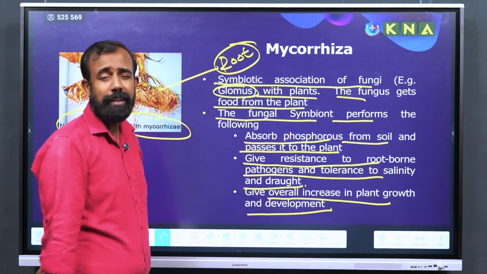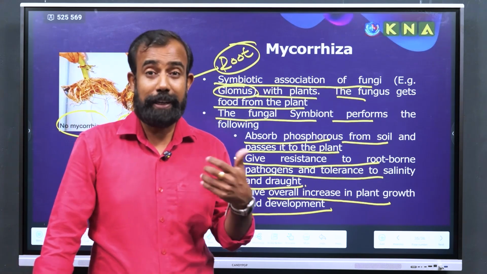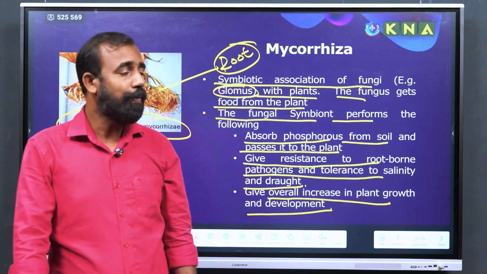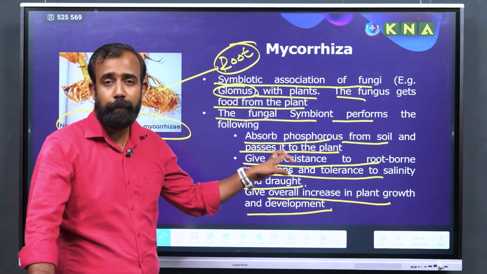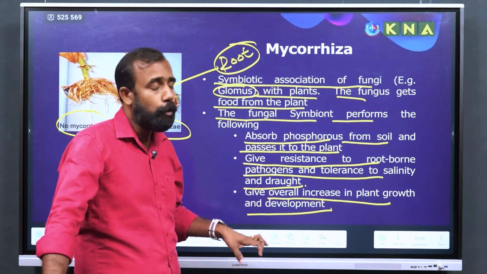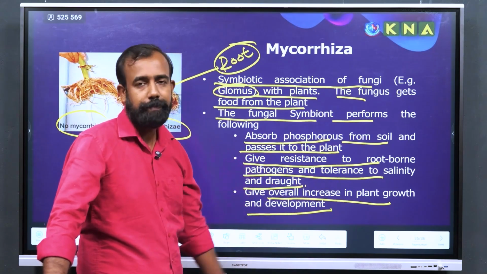So what is mycorrhiza? It is a symbiotic association of fungus with the root of higher plants. Clear? The plant provides food to the fungus. In return, the fungus absorbs phosphorus from the soil and passes it into the plant.